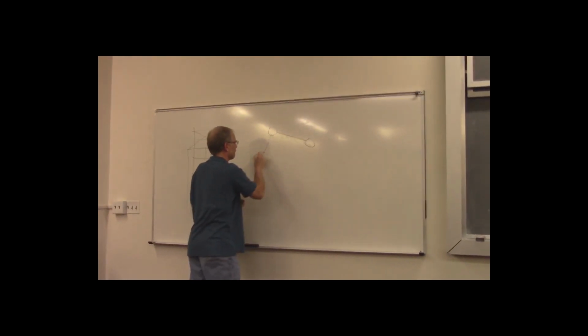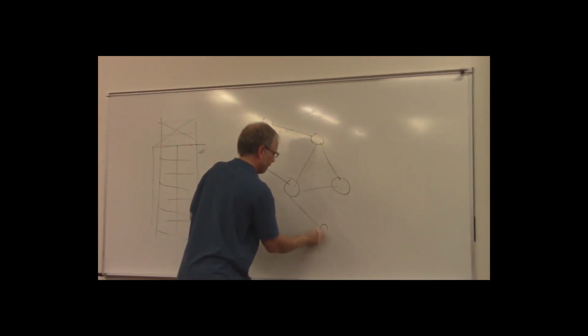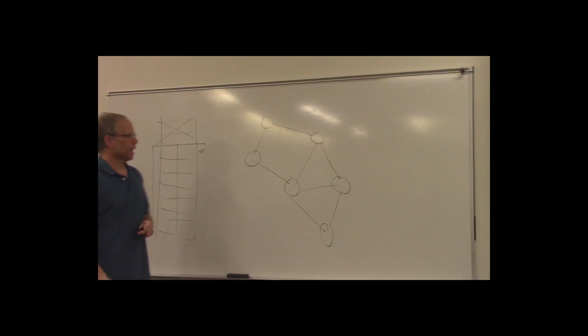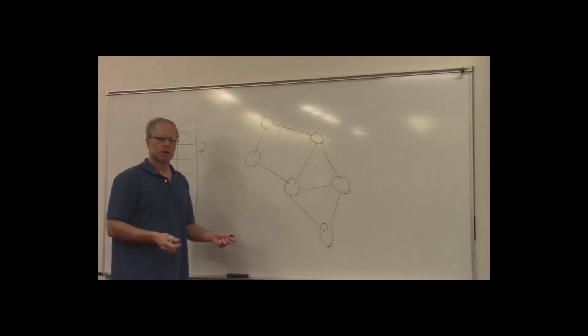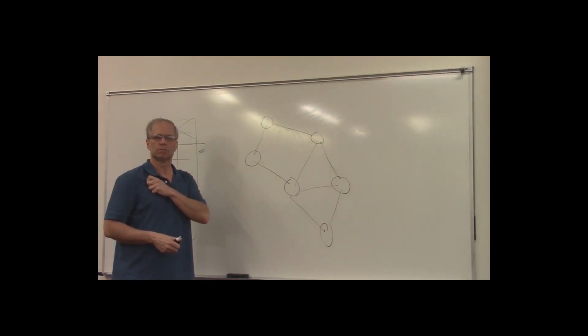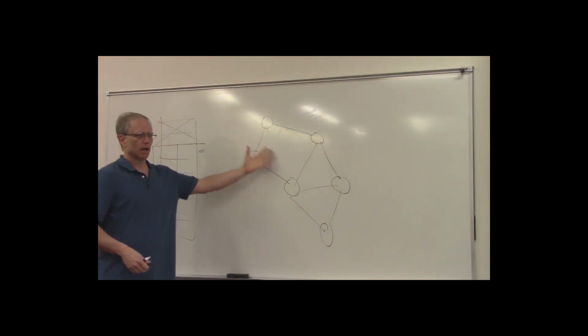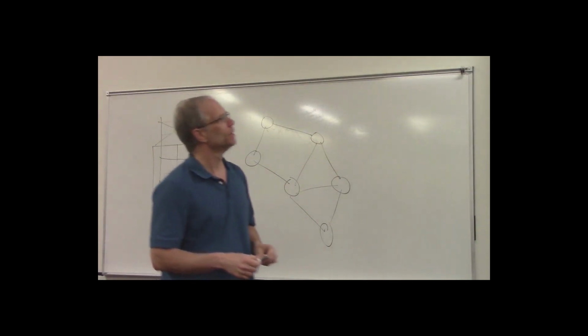Okay, imagine you have a graph G. And you want to find the largest set of vertices here, such that no two vertices in the set have an edge between them. That's the optimization version.